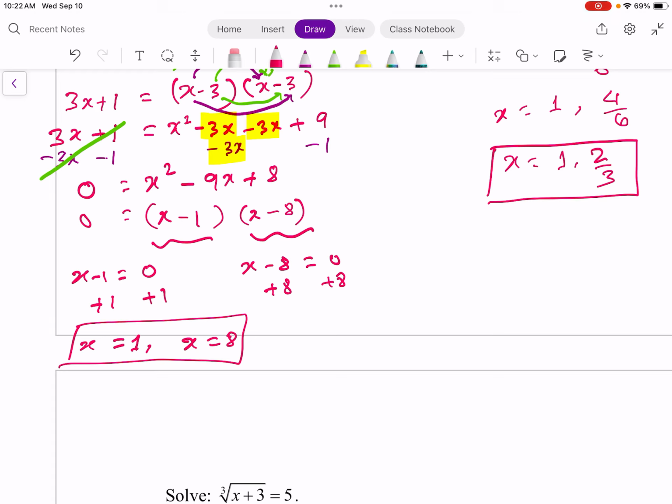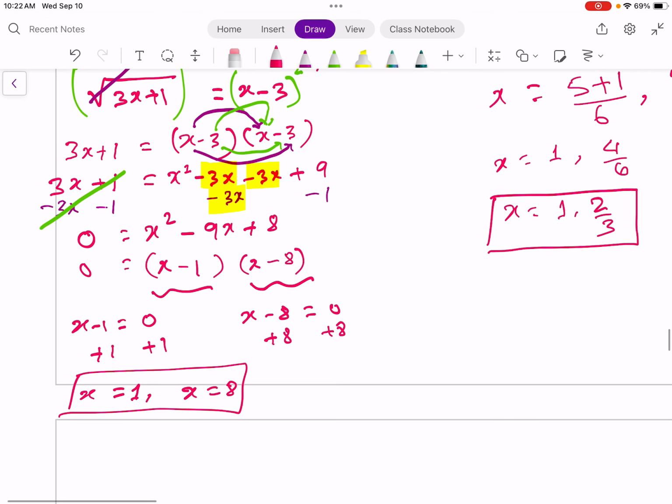So at the end you will always end up getting a quadratic equation or a linear equation. So you should be good at solving linear equations and quadratic equations. If you are not good at factorization, you should learn factorization. That's really important. Okay, any question on this one?